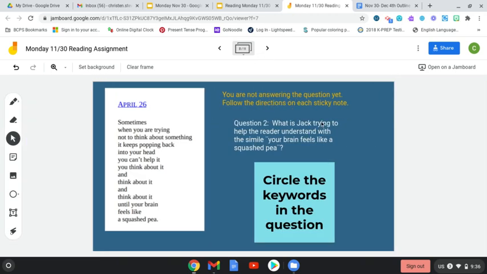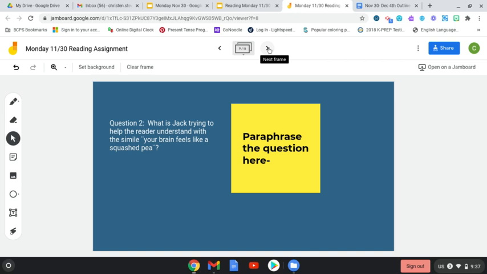And again, on this first part, you're not answering the question yet. You're following the directions on the sticky note. Here's your question. Circle your keywords in that question. So circle the words you think are most important. Read your text. Go to your next slide. This is where I paraphrase.